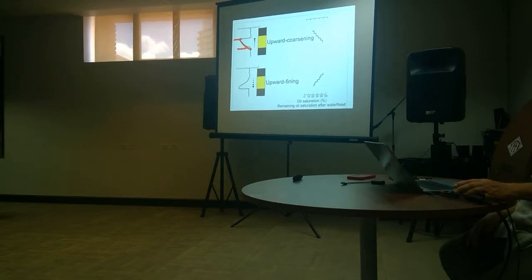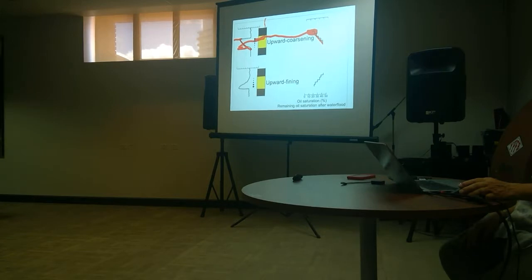So because of that, when you inject fluids here, the fluids are going to seek out the most permeable beds and travel that way. So when you look at the remaining oil saturation, you get a higher saturation after water flood than you do in the upper part of that bed, because you've had better flushing of the hydrocarbons out of the more permeable upper part of that interval.